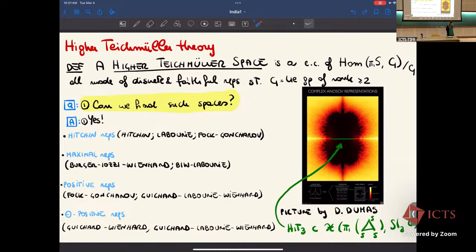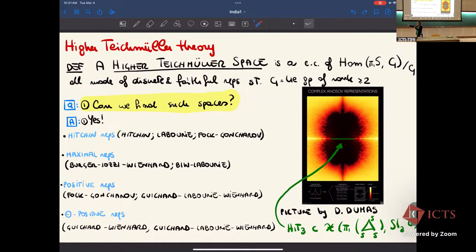The first example was done by Hitchin, and I'm not sure we will define it today. For the Hitchin representation, you can define a Fuchsian representation by taking PSL2R and embedding it with a reducible representation of PSL2R in the higher rank group.